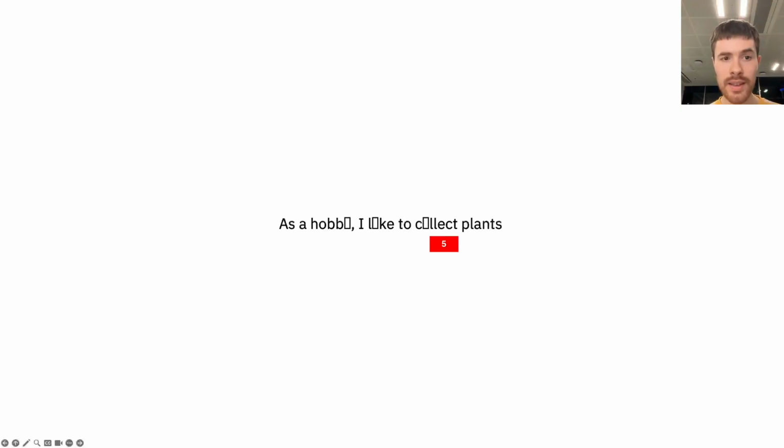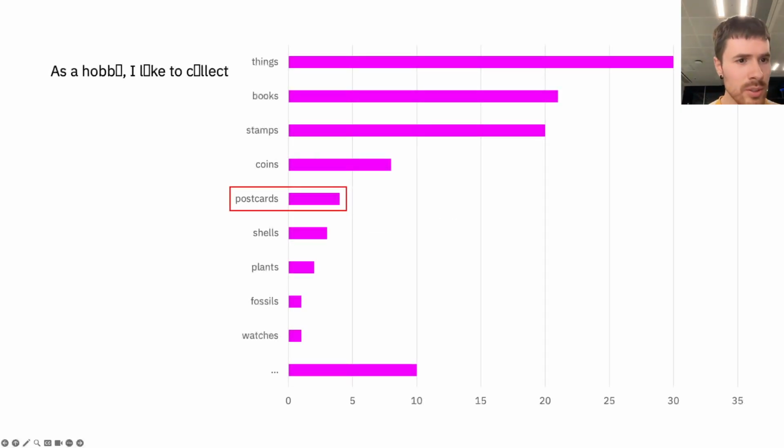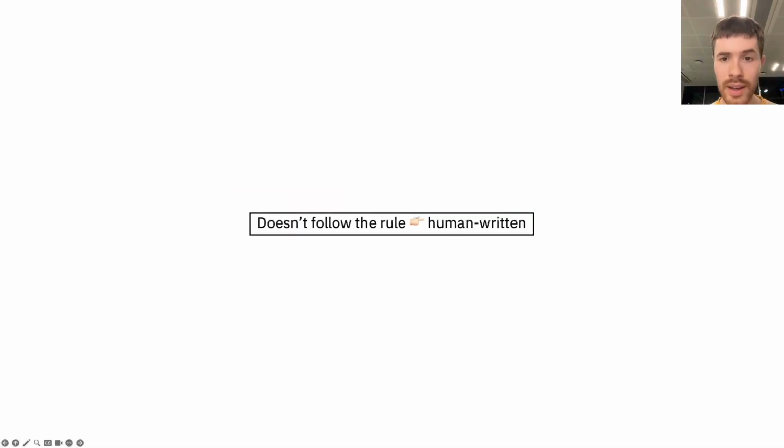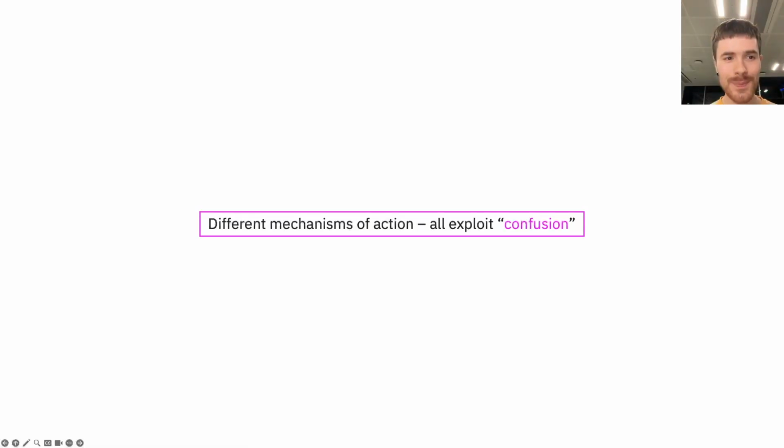And if I take lagged, well, that's 5 letters. So let's go to our probability distribution. Oh, the fifth word is postcards. But postcards is not what I had. I had plants. So this doesn't follow the rule. Oh, it's human written. So all of the mechanisms of action exploit this idea of confusion. They just make the system unable to understand what's going on here.